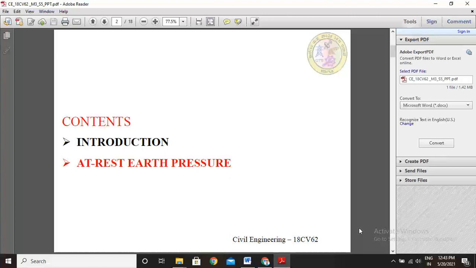These two sections are required to be completed in session 5 of today's class.